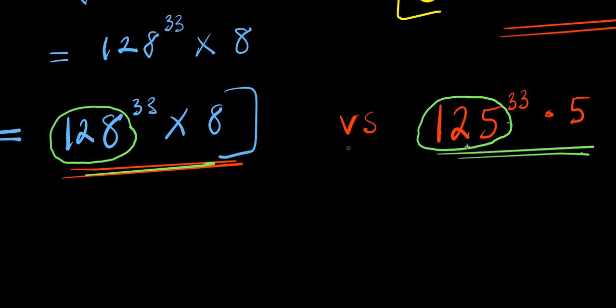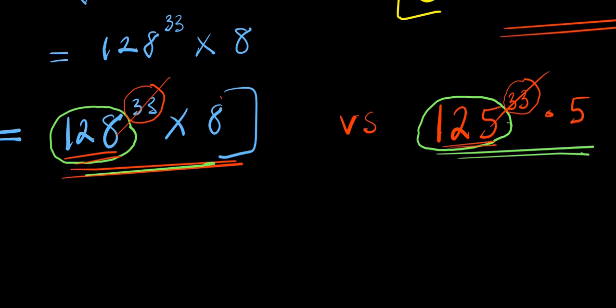So 128 is greater than 125. That one is established. Here is 33 and here is 33. They are both the same, so that one will cancel out.